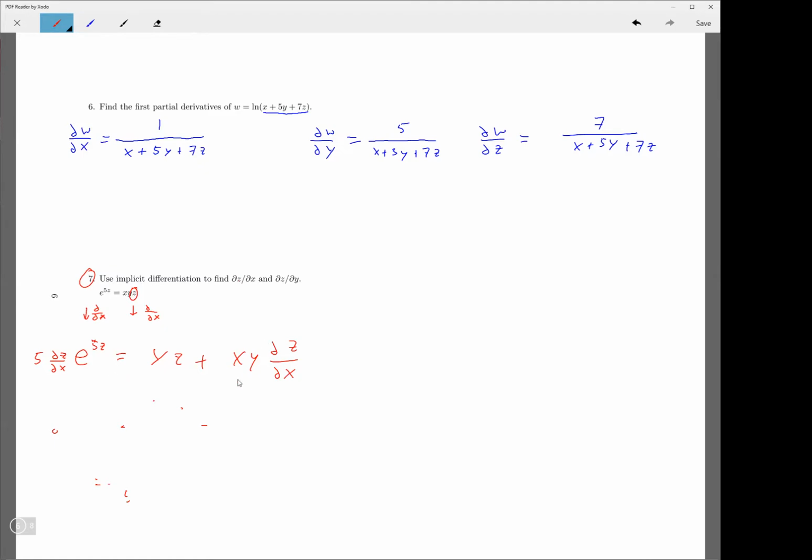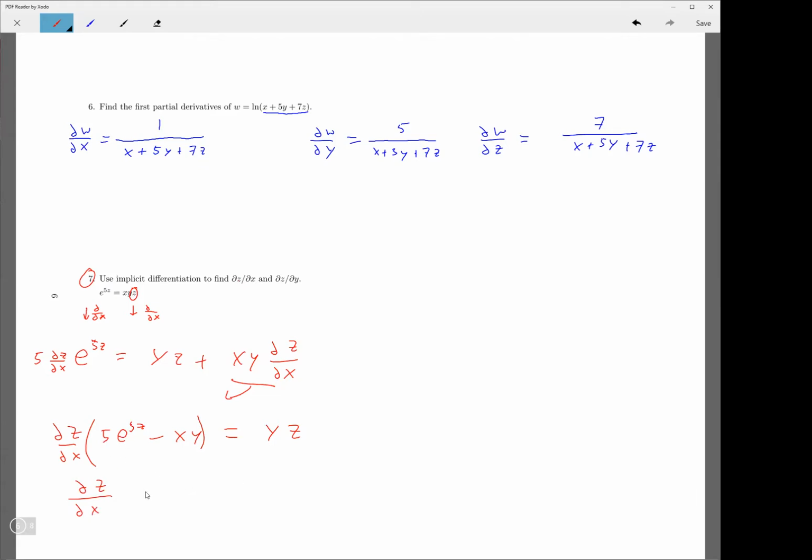So that means we're going to take this to the left side and factor out a partial of z with respect to x. And that leaves us with 5 e to the 5z minus xy equals yz.